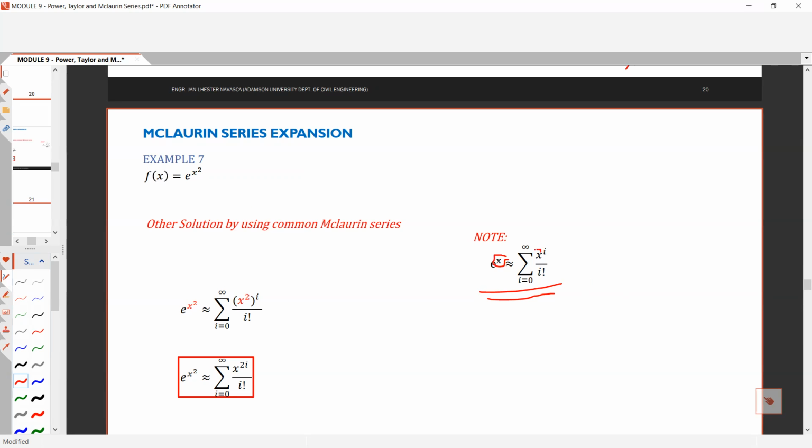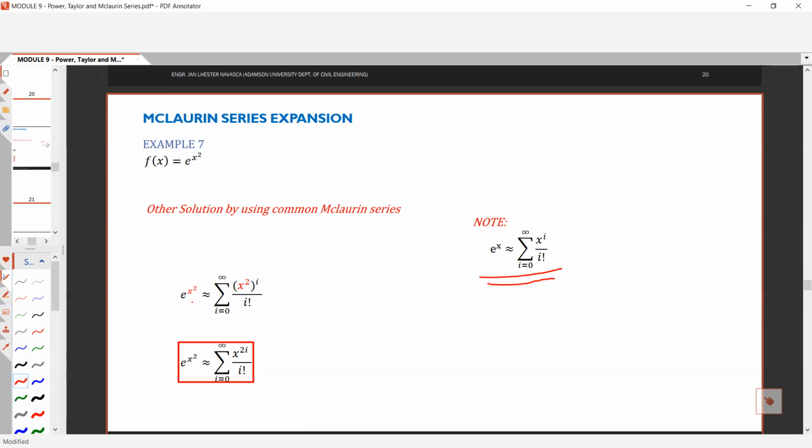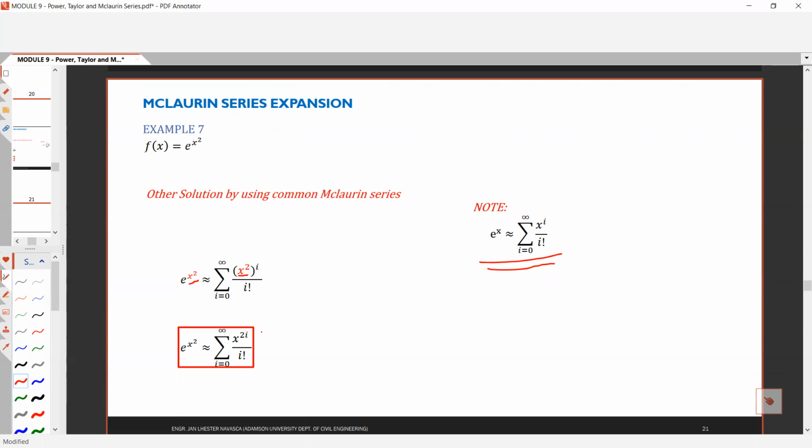Okay, palitan mo lang yung x ng x squared na to. So, ito, kaya ko siya inibang kulay, that is this one, x squared, x squared. Okay, so therefore, x squared raised to i, that is x raised to 2i. Di ba? Kapag a raised to b multiplied by c, that is simply a raised to bc.